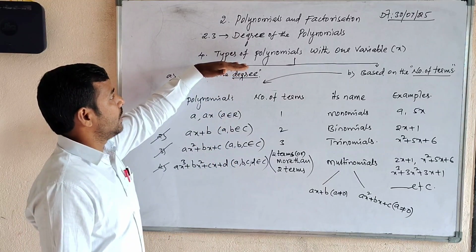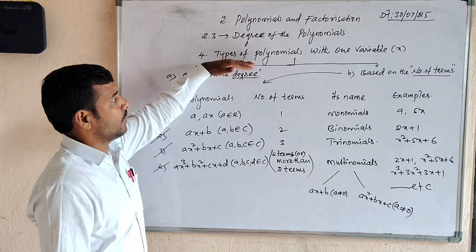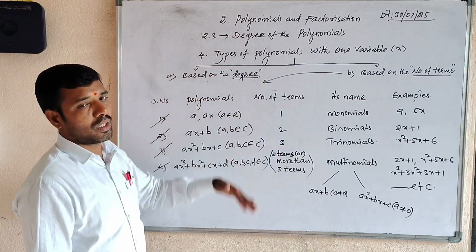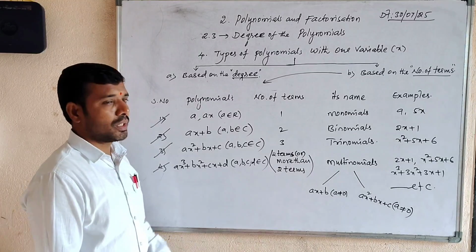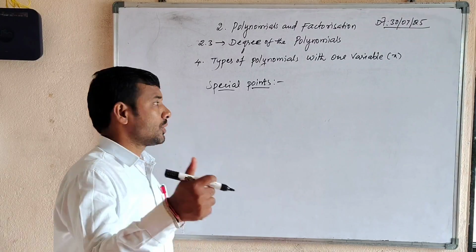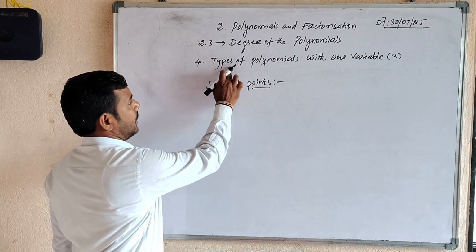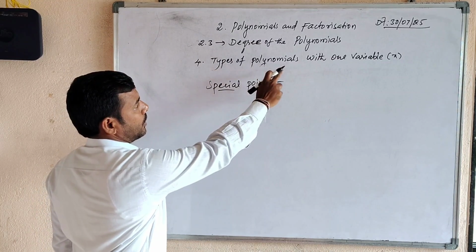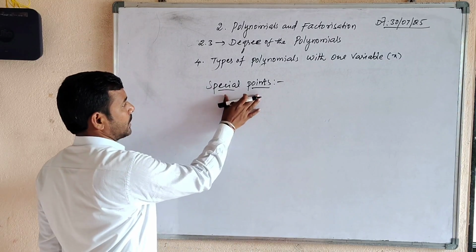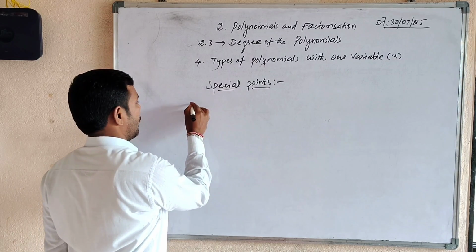The title, types of polynomials with one variable, mainly we concentrated on the x variable. So almost it is completed. Based on this fourth title, types of polynomials with one variable, mainly x, we have to discuss the special points one by one. Let us see.